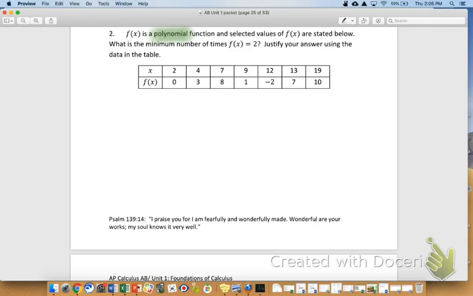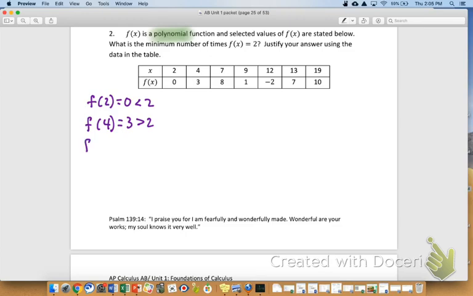See if this makes sense. I would say something like this. f of 2 equals 0, which is less than our target value of 2, right? 0 is less than 2. But then the very next point in the table, f of 4 equals 3, and that's bigger than 2. So if we know that f of x is continuous, didn't our graph have to pass through 2 once?